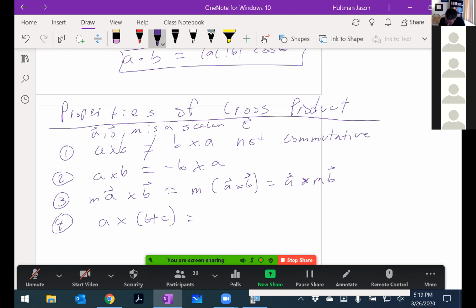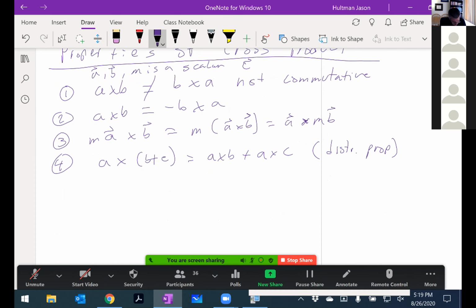This is equal to A cross B plus A cross C. So this is kind of like the distributive property for cross product. But you can't do crossings. That's not going to work. That's going to be a whole different thing.